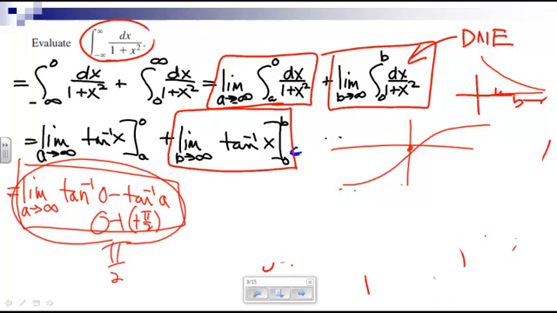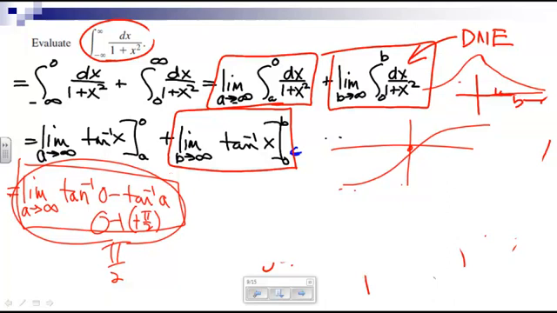Wait, why isn't it negative? No, because the area of the original curve is above the x-axis. It's fine.